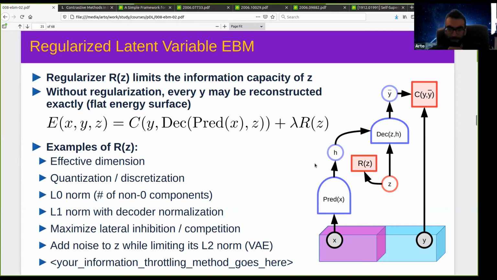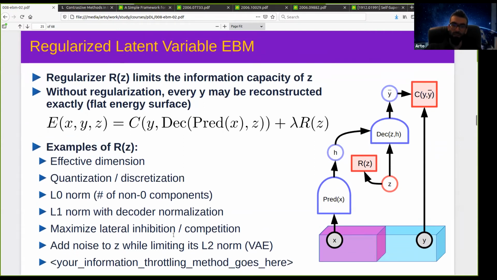To do something similar, we can try to use the L0 norm, which limits the number of non-zero components. Or more practically, we can apply L1 regularization to z, and it will result in a sparse z vector.